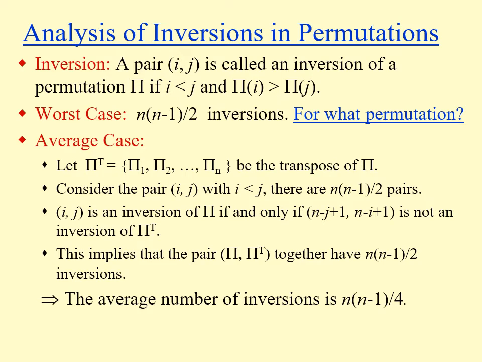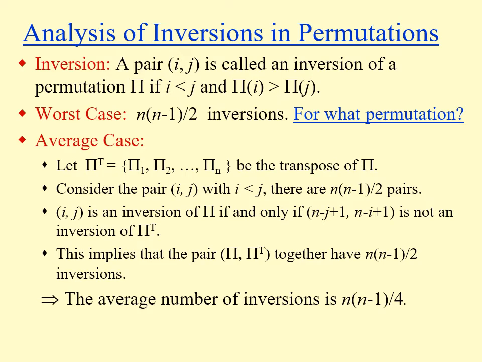So in pi and pi transpose altogether you have n(n minus 1)/2, all the possible pairs, the number of pairs which can be inversions. Because one is an inversion, the other one is not.